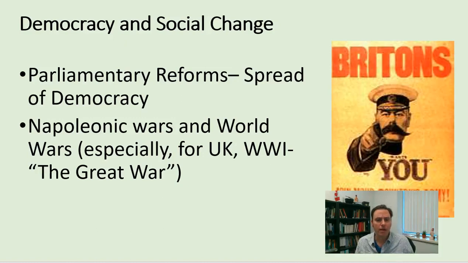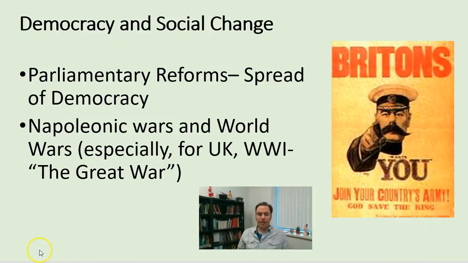Let's look at them. Democracy and social change. During the 19th century, of course, we had our democratic revolution in the United States in the late 18th century. And it's important to remember that our own democratic revolution has been gradual, right? A good portion of the population of the United States did not have legal citizenship, and in fact was only counted 3/5 in the census in our Constitution.